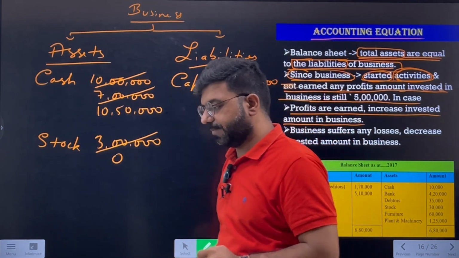Now just tell me one thing. Why did the owner start the business? He simply started the business to earn profits. Now, business is an artificial person. So, whatever amount a business earns is of whom? It is of the owner itself.